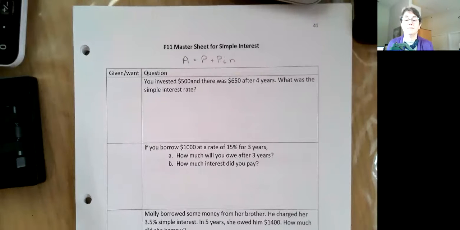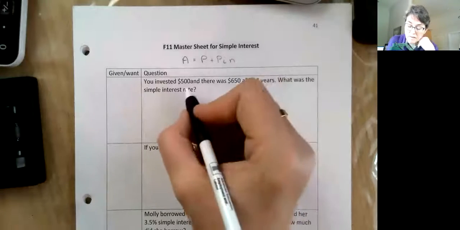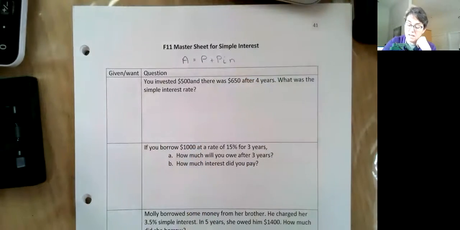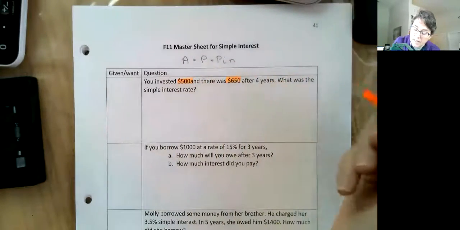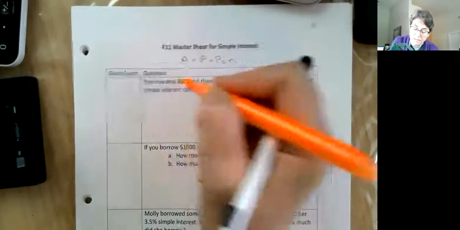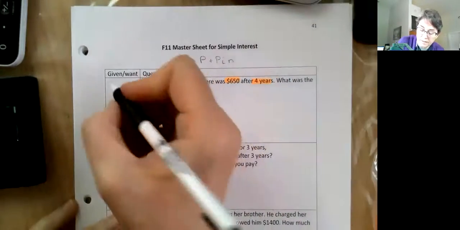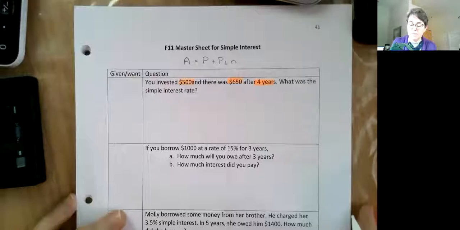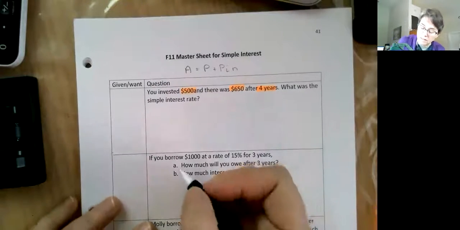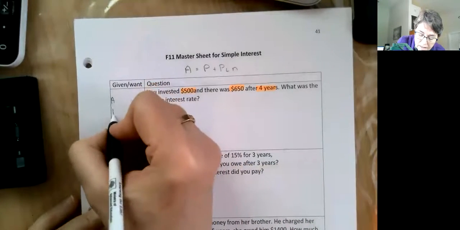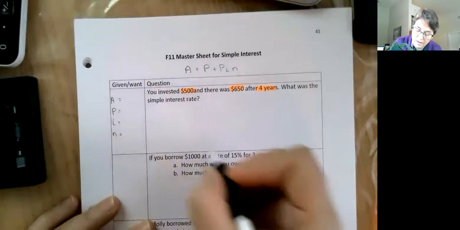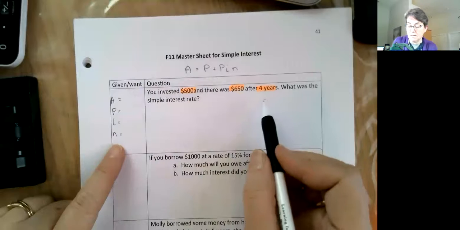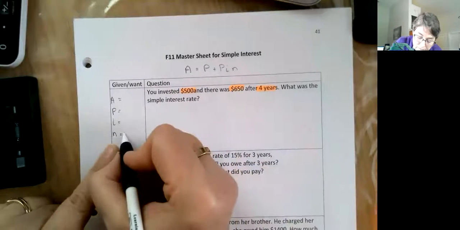Okay, so I'm hoping you did this all by yourself and you just double check to make sure it's good now. You invested 500 and there was, okay, so money, and 4 years. We're looking for the interest rate. I'm going to do my question, the givens and the wants all at the same time. So A, P, I, N. N is 4 years.